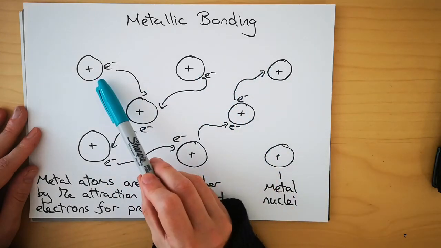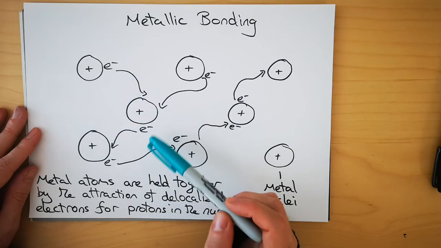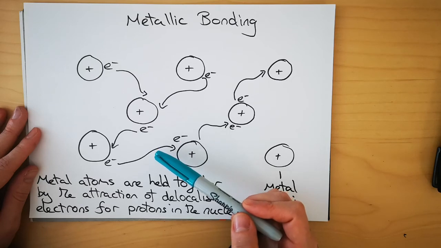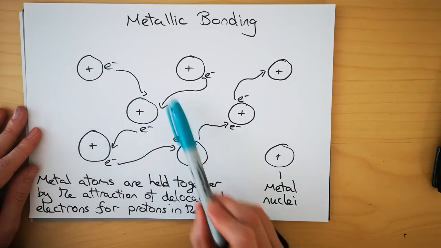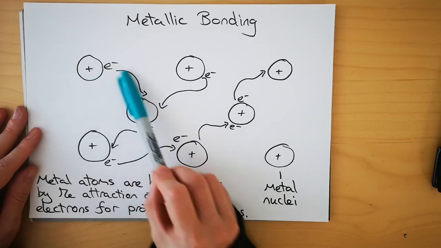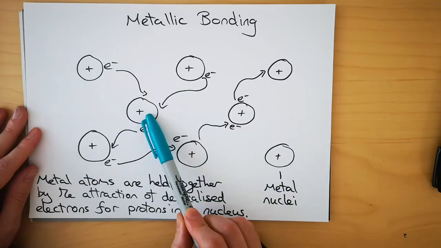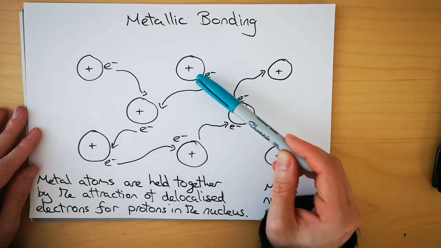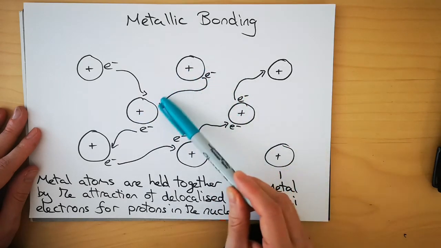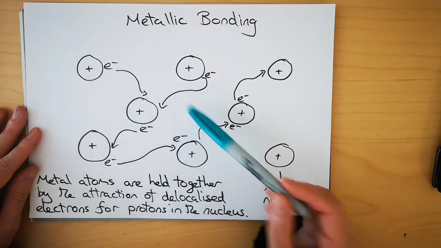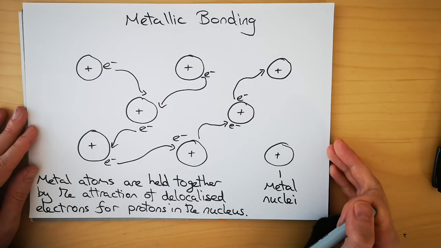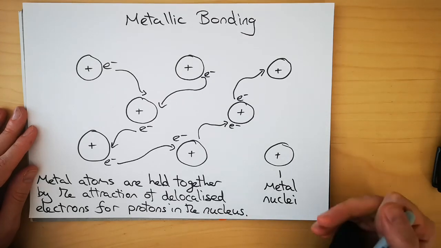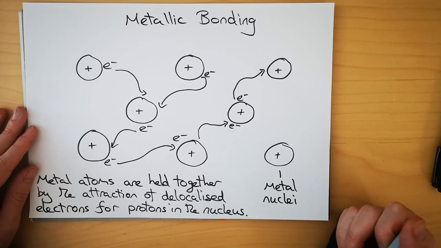So when you travel from class to class, you're delocalized. You are not stationary in any location. And this is really what's happening with these electrons. They are able to move from one atom to the next. And the force of attraction between these atoms is really the movement of these delocalized electrons between each atom, keeping the entire structure together. It gives metals some really distinctive properties that make them very, very useful.